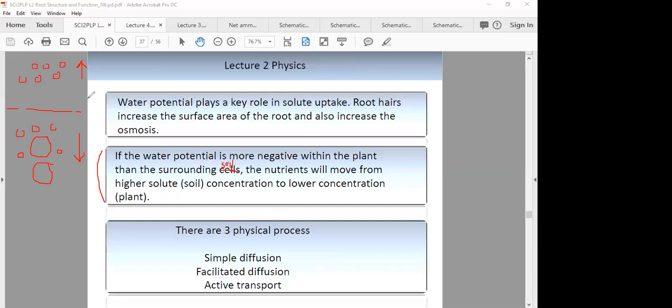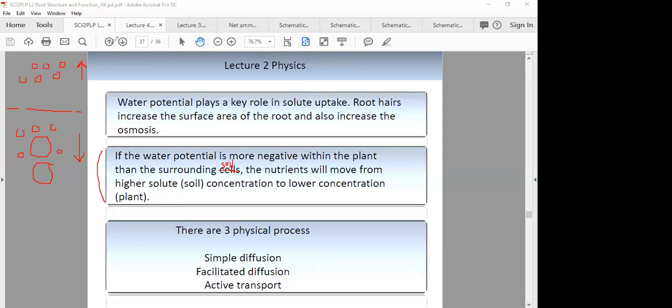And this is really very much a blanket rule for so many different concepts. The direction of movement from high to low, the water movement. Which way will the water move? From high free energy, high to low. Oh, we've got two different answers there.